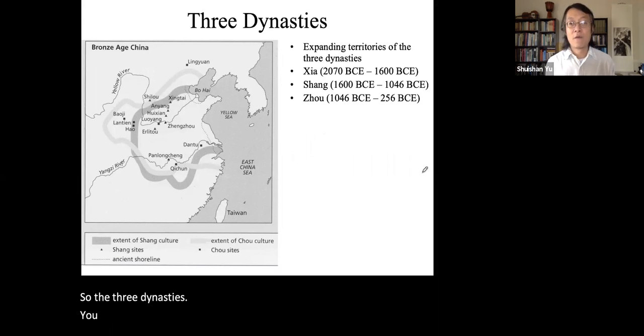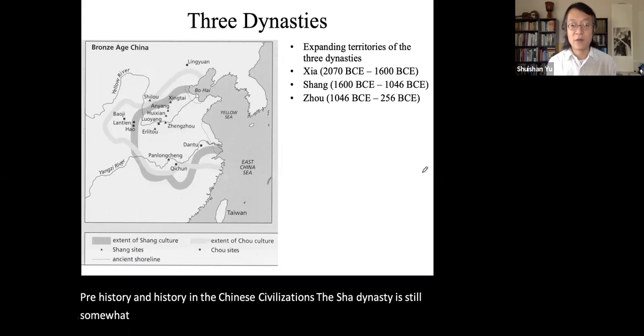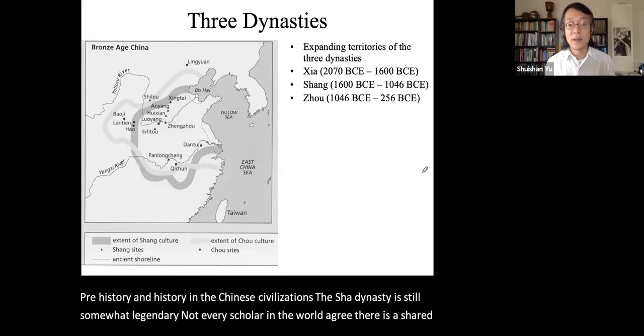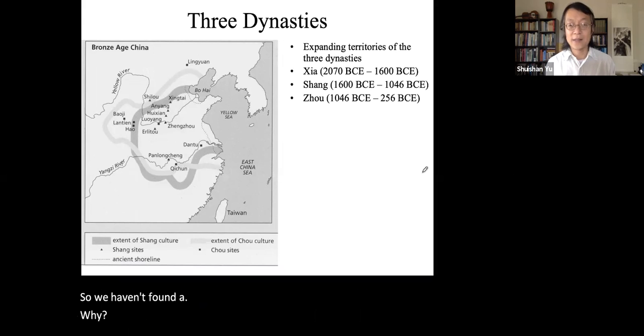So the three dynasties, somewhere 4,000 years ago, that is the threshold between prehistory and history in the Chinese civilizations. The Xia dynasty is still somewhat legendary. Not every scholar in the world agree there is a Xia dynasty. In another word, it is not archaeologically confirmed. So we haven't found a widely accepted site, or better, the capital of the Xia dynasty.